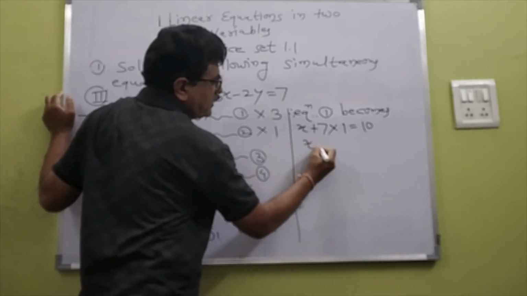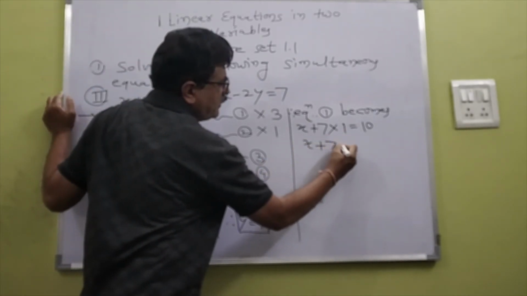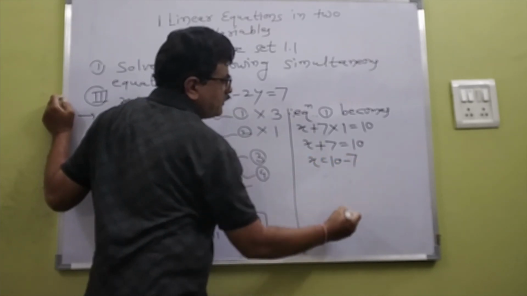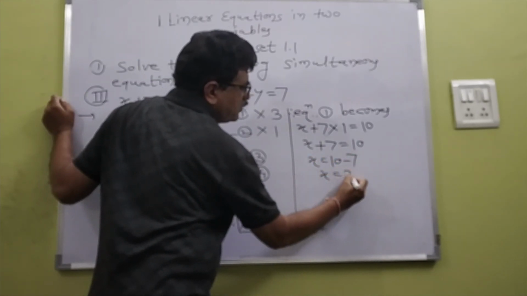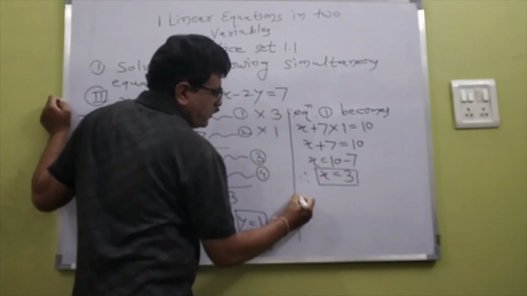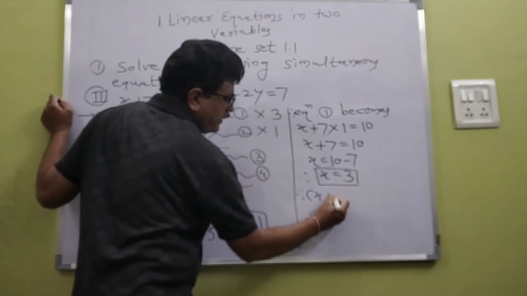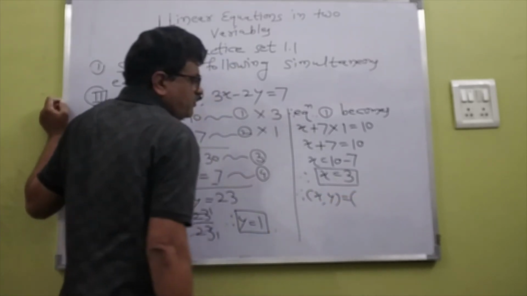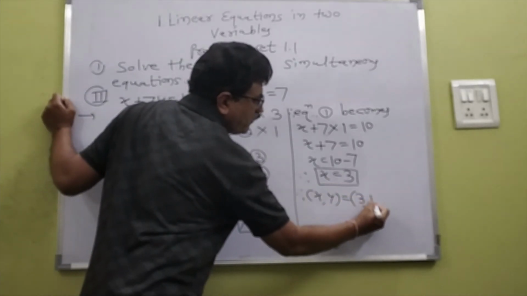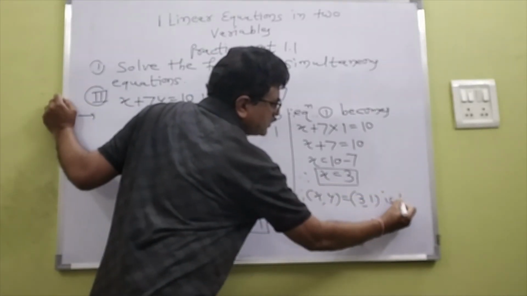Therefore x plus 7 into 1 is 7 is equal to 10. x is equal to 10 minus 7. x is equal to 3. Therefore (x, y) is equal to, first write down the value of x, that is 3, y is 1, is the solution.